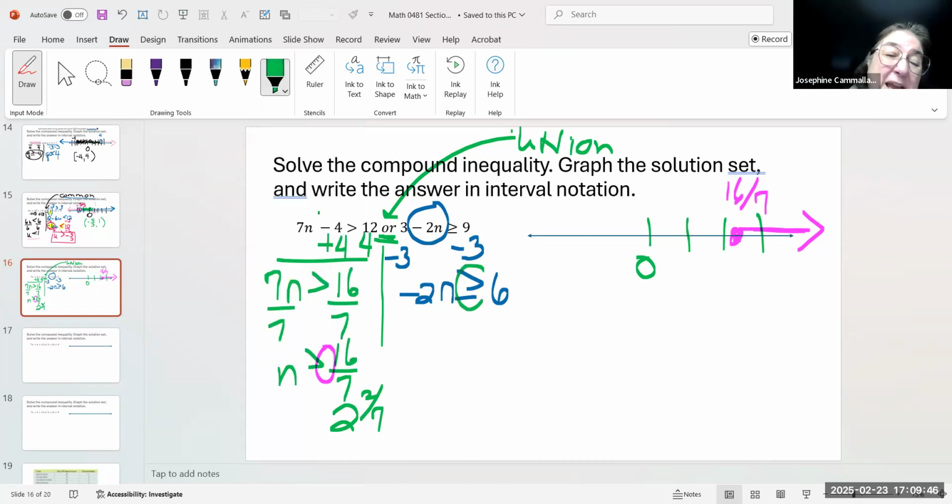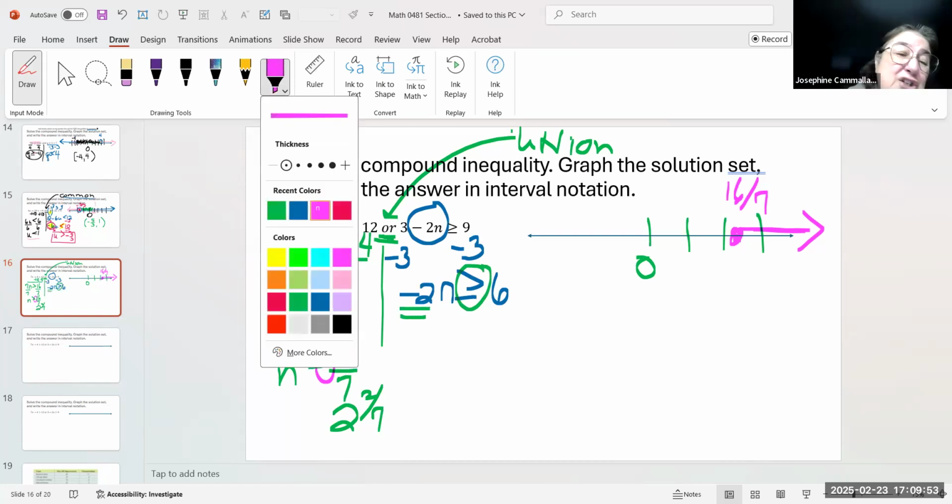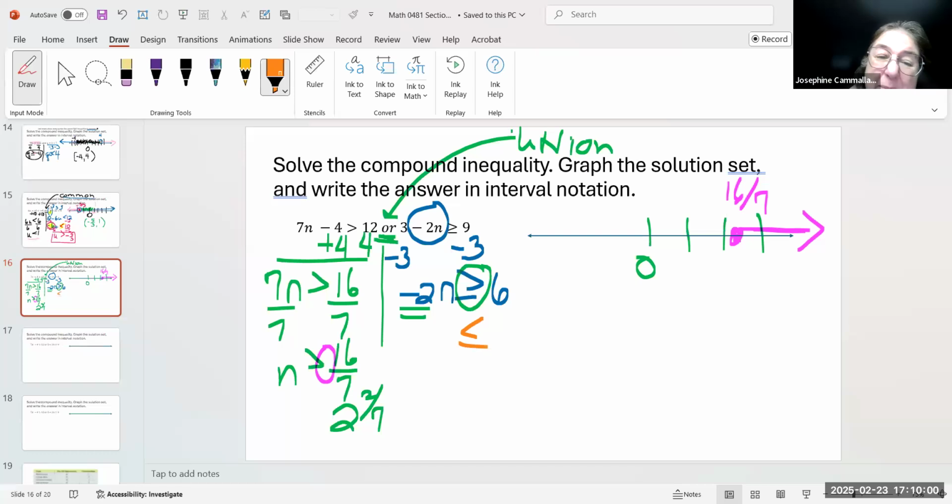Okay, when this has a negative coefficient, don't forget that this symbol has got to flip because we're dividing by negative 2. N is less than or equal to negative 3, which means I have a closed circle here going here.